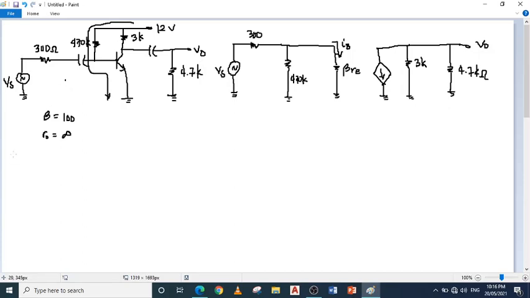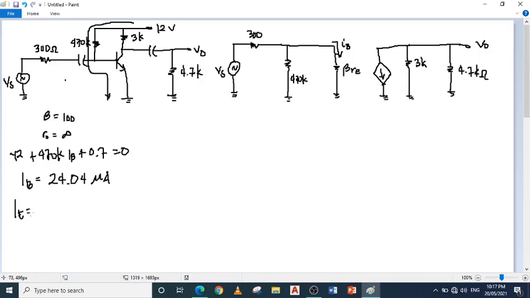So we have negative 12 volts plus 470K times IB plus 0.7 equals 0. To solve for IB, you can just shift solve. So IB is 24.04 microamperes.